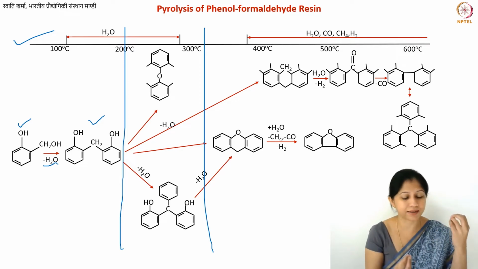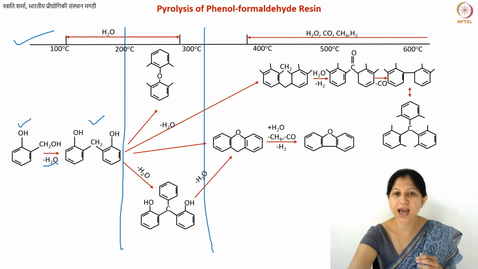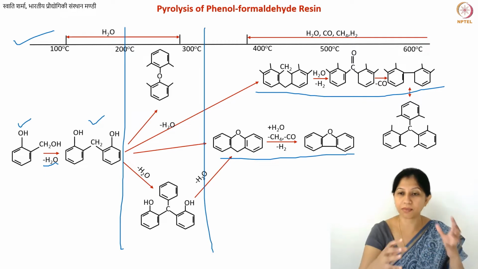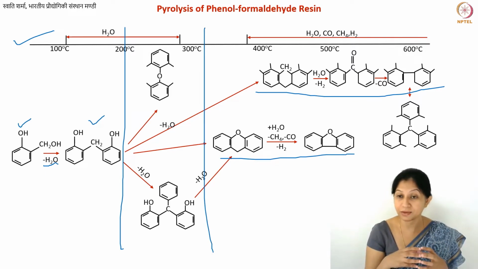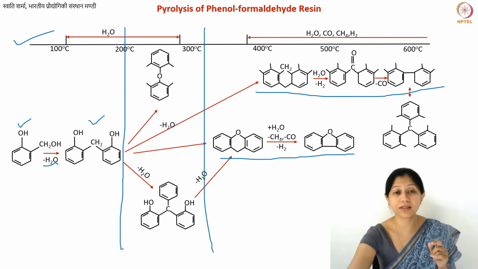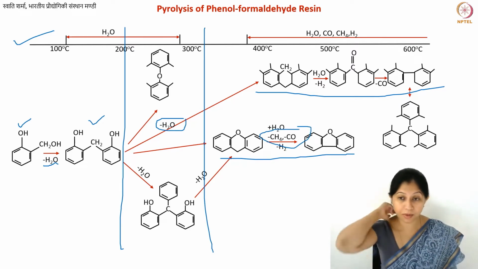You will get different types of molecules, but these are some of the primary products. As you keep increasing the temperature, there are different chemical structures that are all connected with each other as well. Some of these reactions are also secondary reactions. And what is very important is that you have water molecules being produced. You also have methane and carbon monoxide being produced.